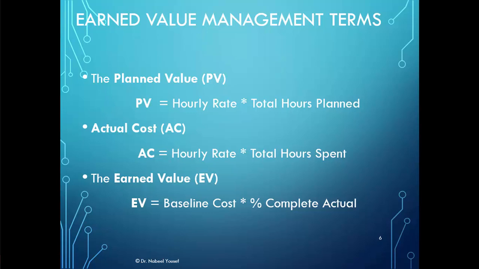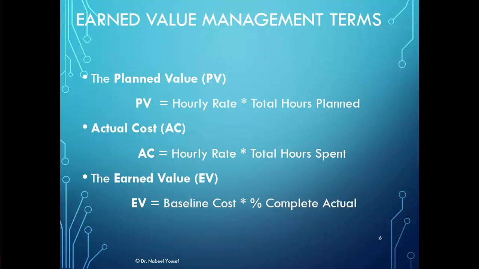The actual cost is equal to the hourly rate multiplied by the total hours spent, the actual hours that have been spent. By doing that, we have a comparison between the actual and the planned value, and this is one of the ways to know that everything is going within the planned budget.